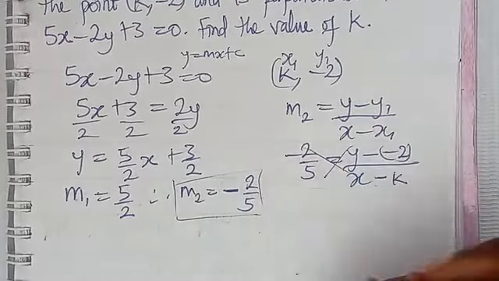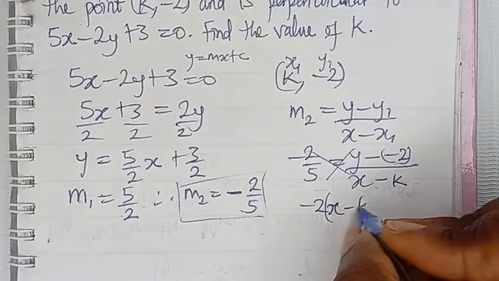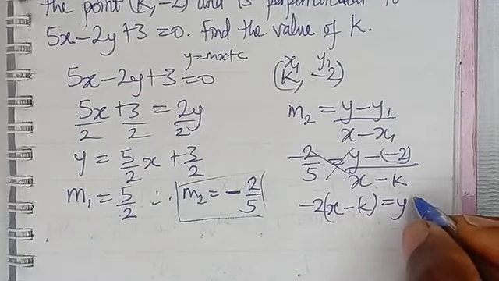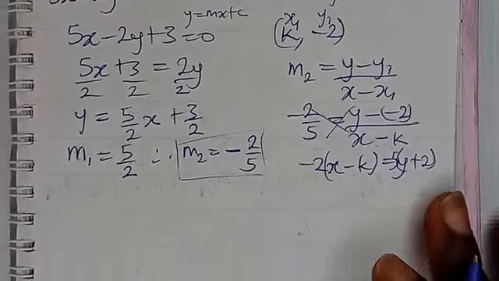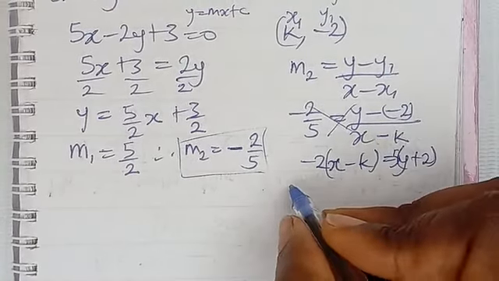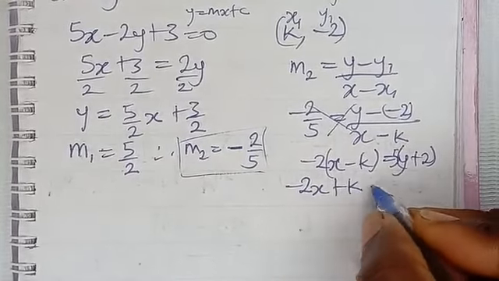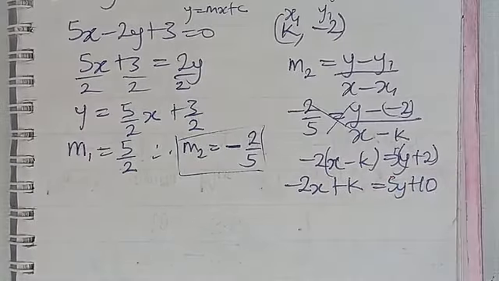We cross multiply. We have negative 2 into x minus k equal to 5 into y plus 2. We open up the brackets. We have negative 2x plus 2k is equal to 5y plus 10.